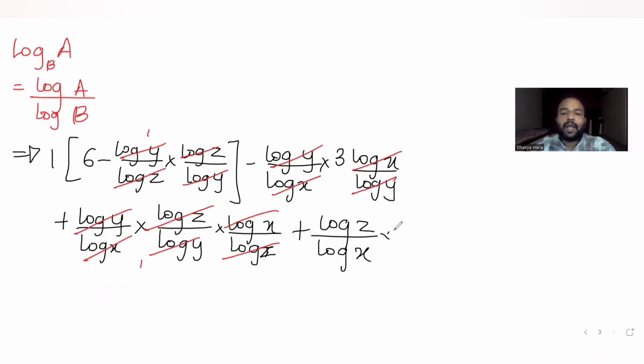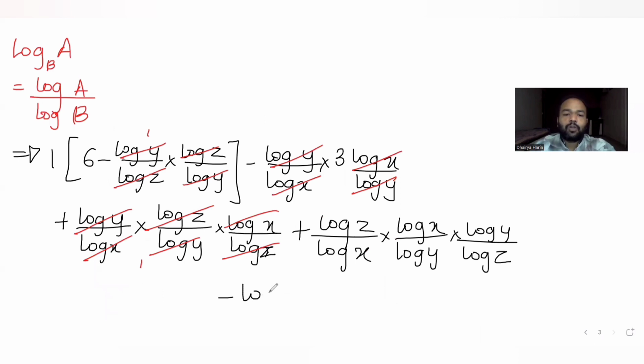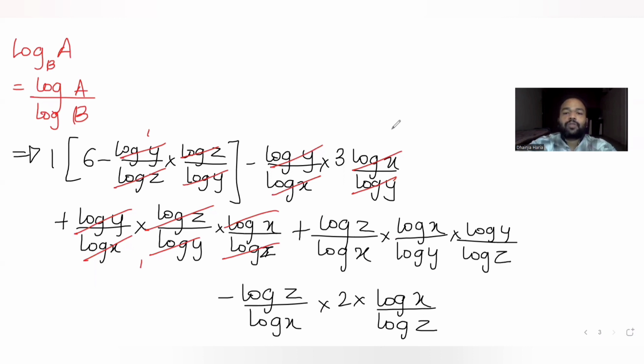If I expand that as well, it is log x upon log y into log y upon log x, minus log z upon log x into 2 times log x upon log z. If I cancel all the terms here, you are left with 1. Here also these terms are cancelled, so you are left with minus 2.